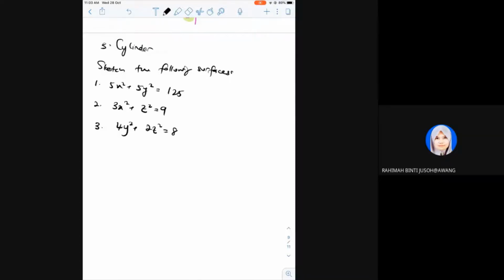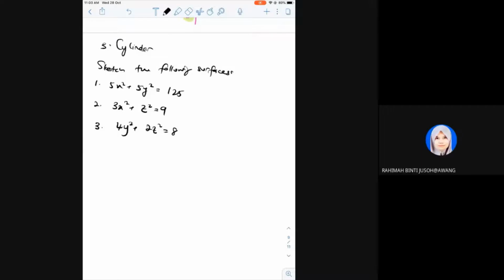Okay guys, now for cylinder, if you look at all of these equations, what's the difference between equation of cylinder and equations of paraboloid? What's the difference? Apa yang missing kat sini? Z. Dia tak ada ketiga-tiga variable kan?